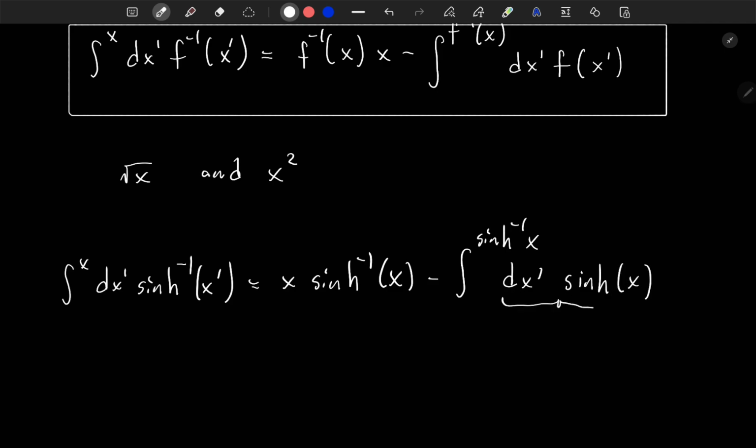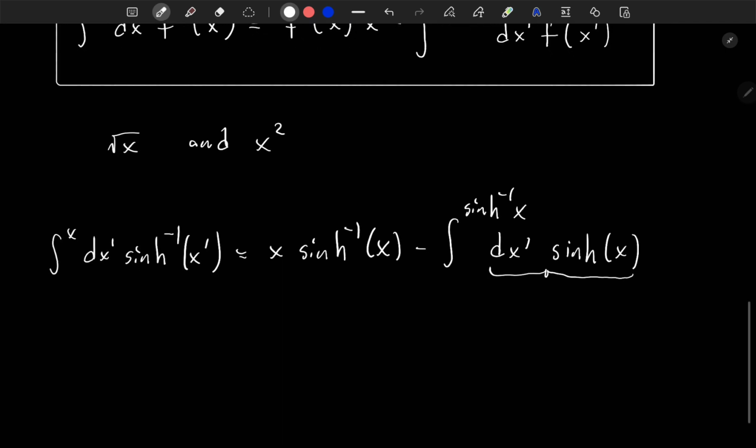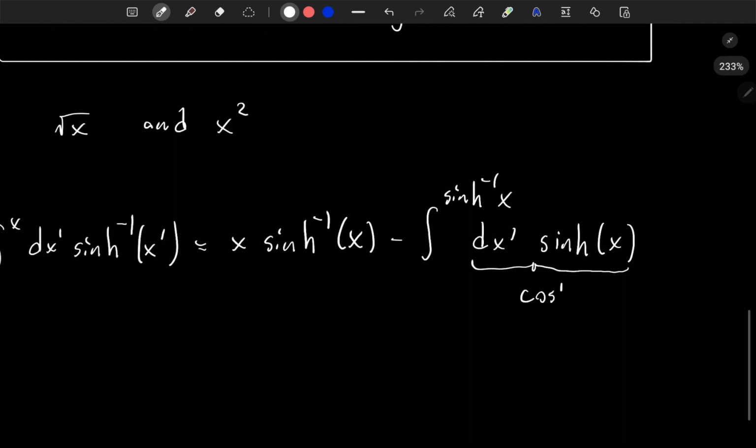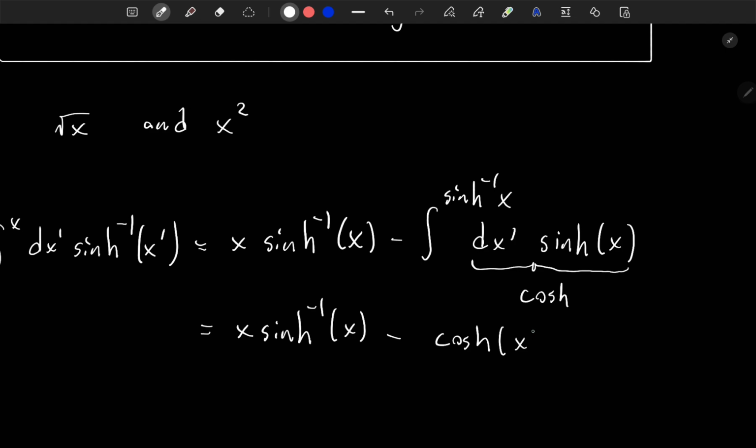The antiderivative of sinh is going to be cosh. So we're going to have this equaling x inverse sinh x minus cosh of x prime evaluated at x prime equals inverse sinh.